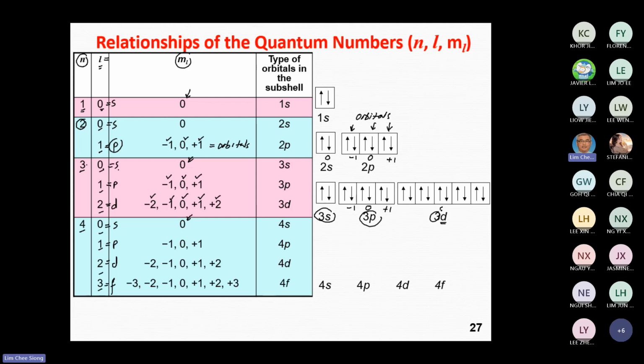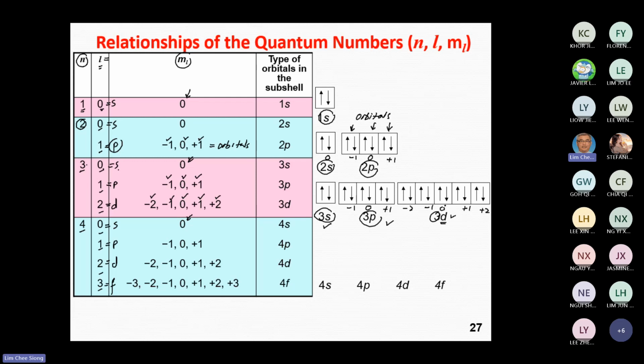Which 5? 0, -1, +1, -2, +2. Okay, so this shows you the orientations of the simple electron, starting from 1s, 2s, 2p, 3s, 3p, and 3d subcell.